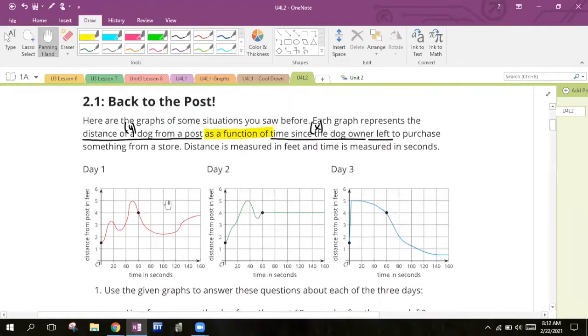So if you remember last week, I know it's been an activity, a dog was tied to a post. Well, these are the graphs. So you can see one is where the dog just walked around for that first minute and then he laid down there.